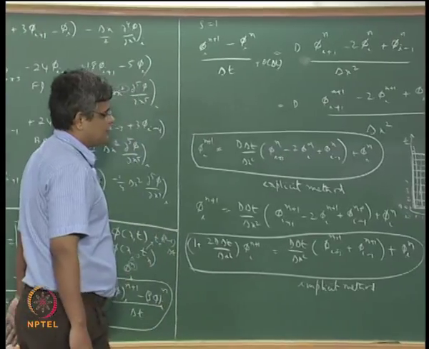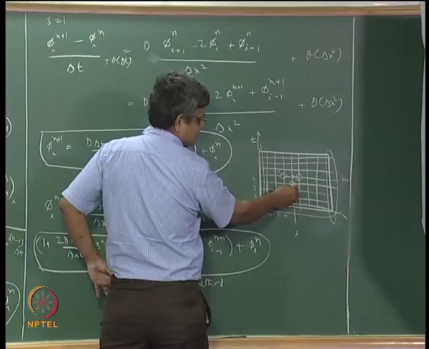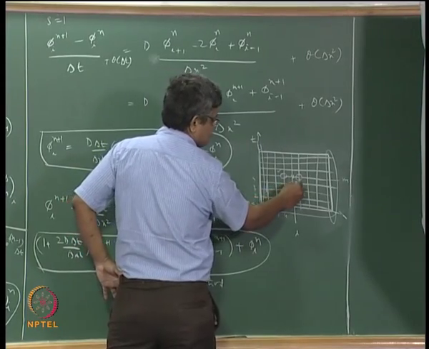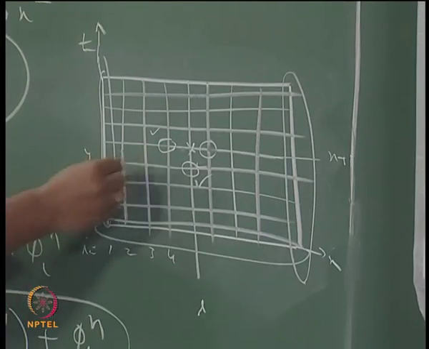So what we need to do is that we notice that the value here is expressed in terms of the previous time step, which is known, and the two neighboring values at the same time step.